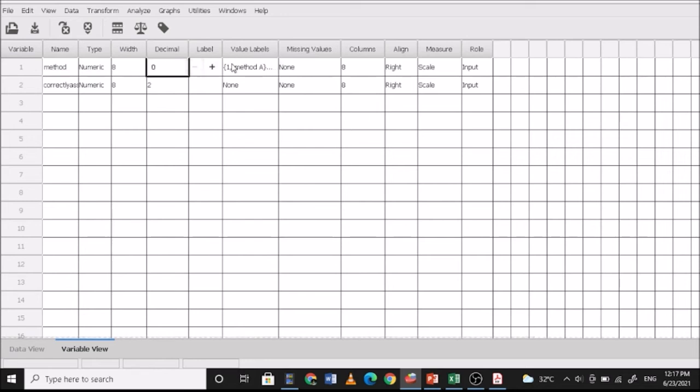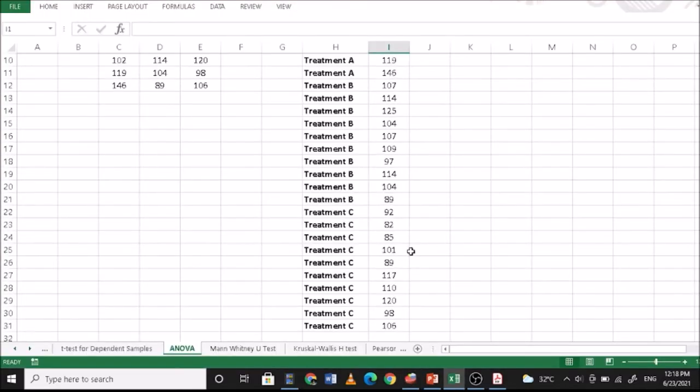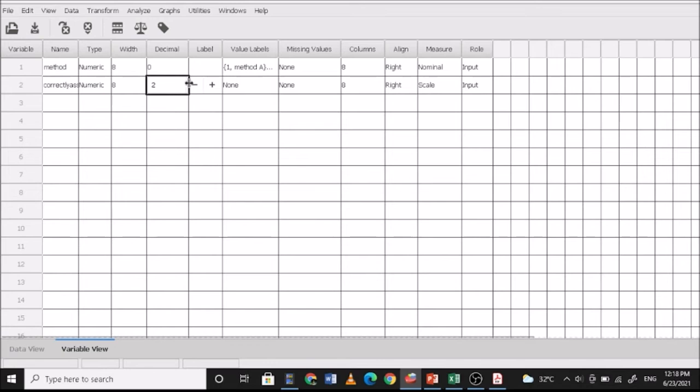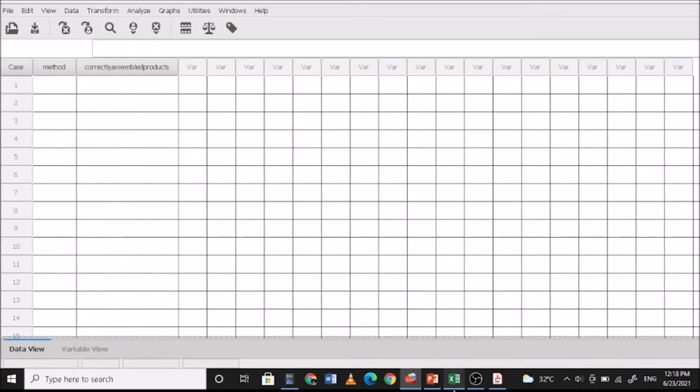Decimal values, and this is nominal. And then this is numeric. Our values are whole numbers. Then you can just have this one as true also. This is now your method.